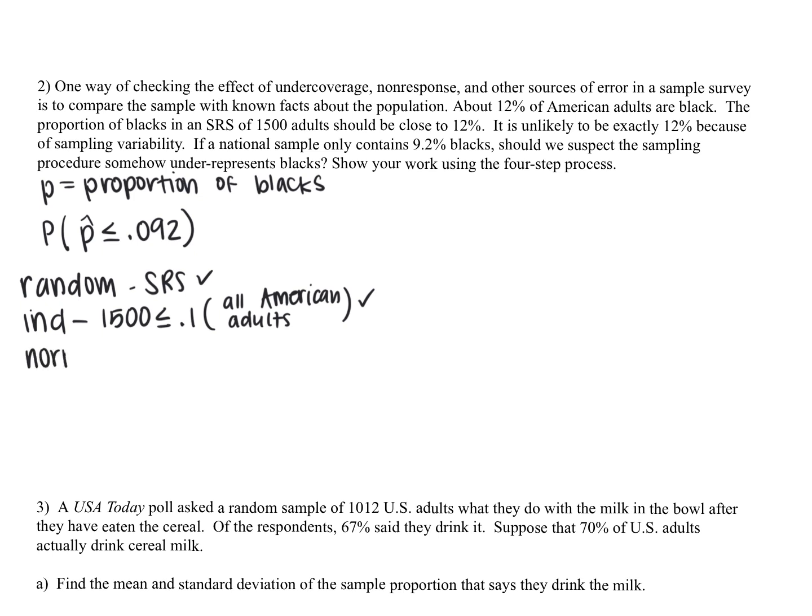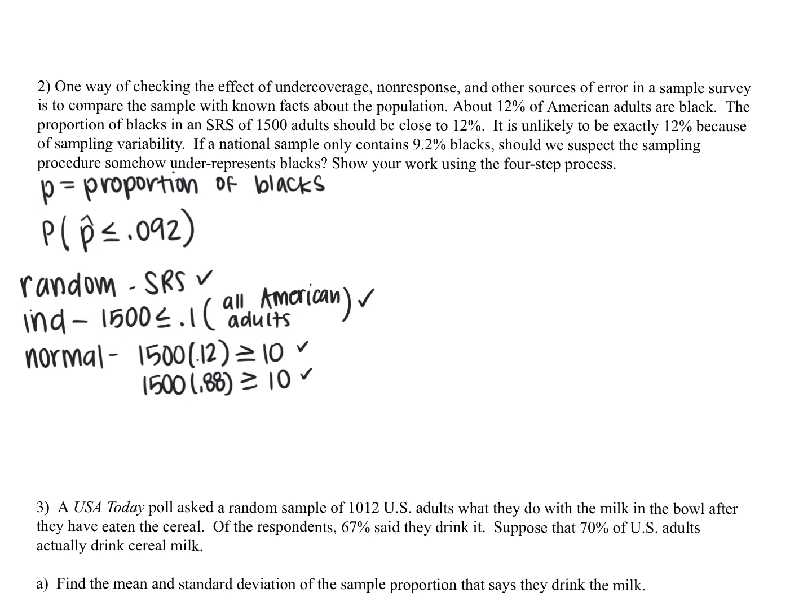And then normal. So 1,500 times 0.12 and 1,500 times 0.88 both have to be greater than or equal to 10. 1,500 times 0.12 is 180, which is greater than or equal to 10, which means 1,500 times 0.88 is also greater than or equal to 10.